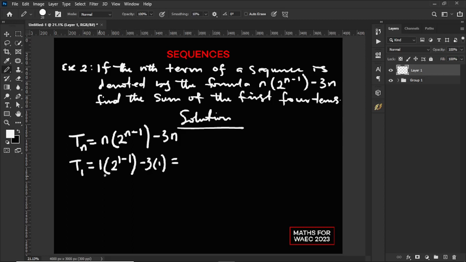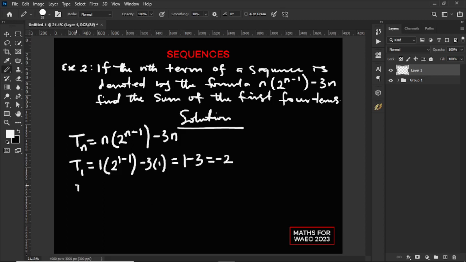So this will become 2 raised to power 0, because 1 minus 1 is 0. So 2 raised to power 0 will give us 1. Then minus 3 times 1 will give us what? So we have 1 minus 3. And 1 minus 3 will give us what? Minus 2. So our T1 is minus 2.